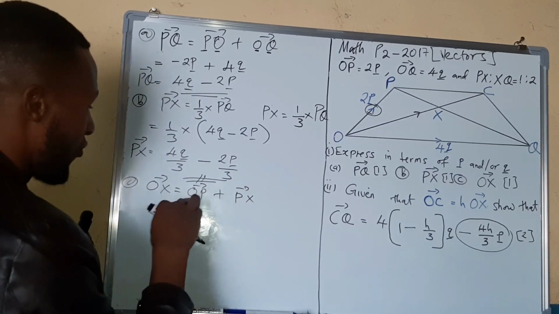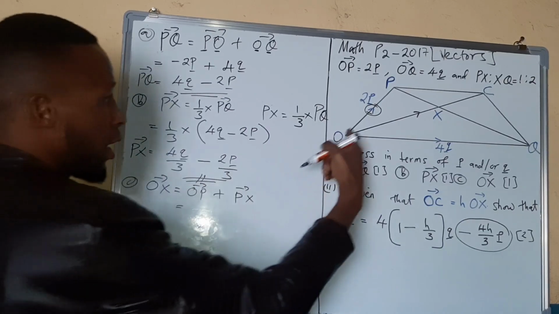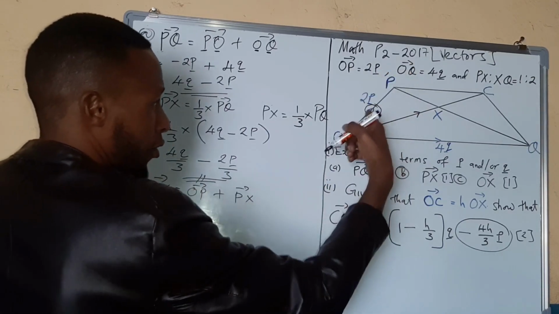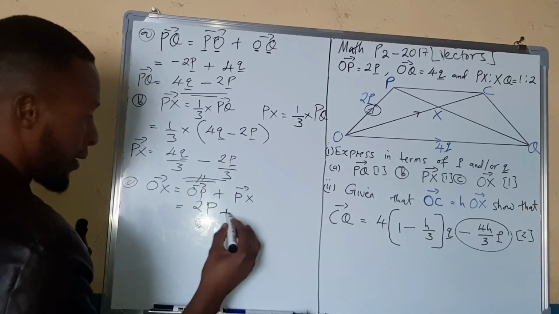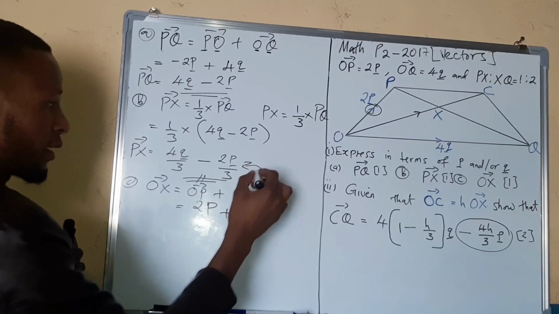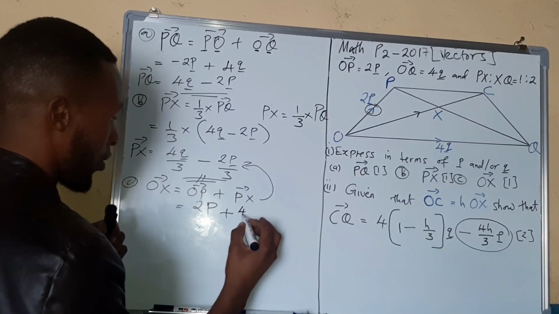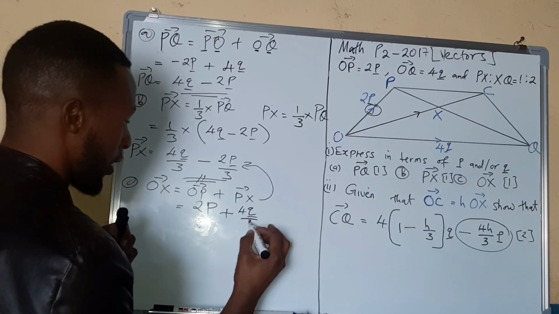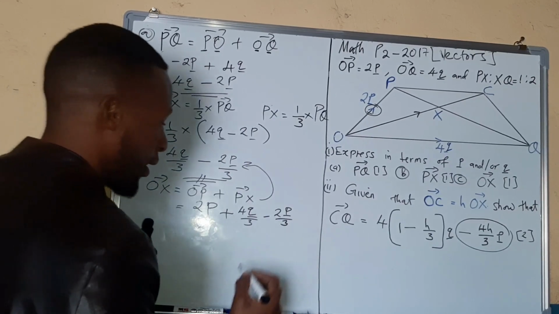The value for OP, going in the same direction as the arrow, is 2P, plus PX, the value we found in question B, which is 4Q over 3 minus 2P over 3.